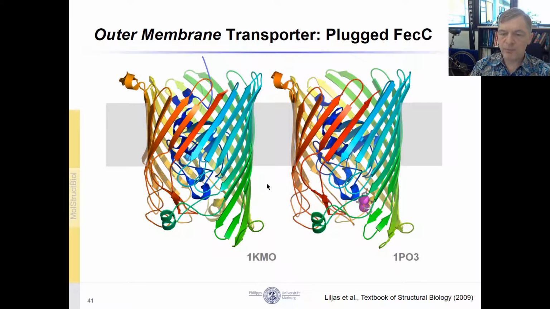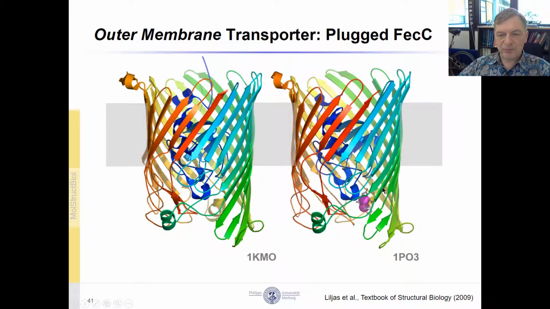Bacteria also have to take up iron from the environment, and very often iron is complexed to citrate, as you should remember as chemists, since citrate is a very good complexant of a metal like iron. You see, this is plugged, this is filled, so there's no free passageway.